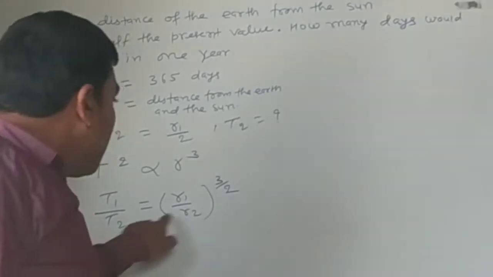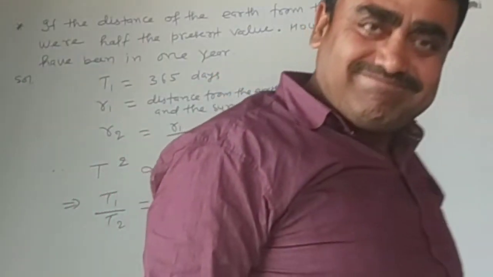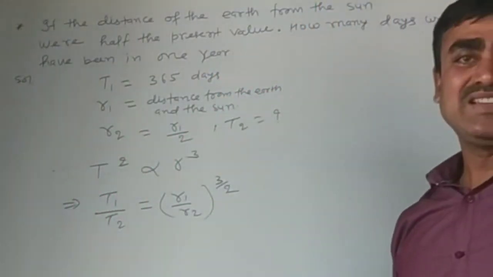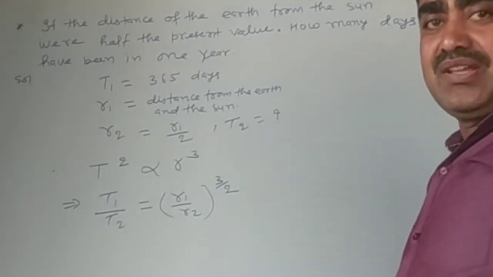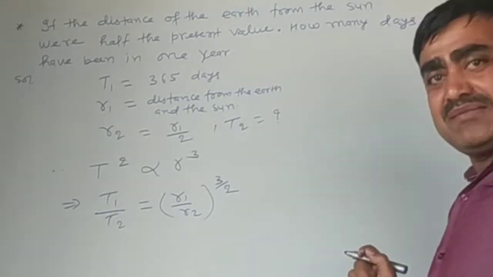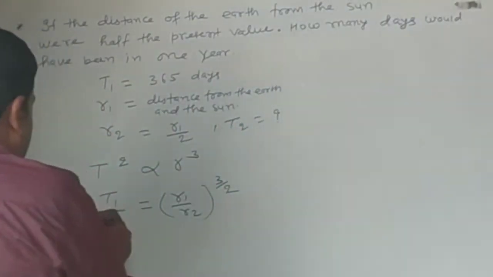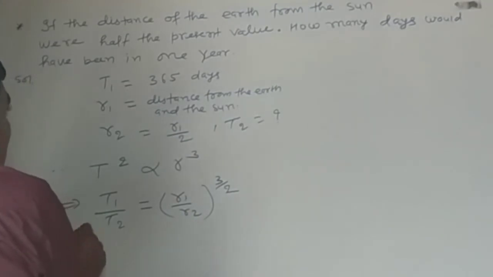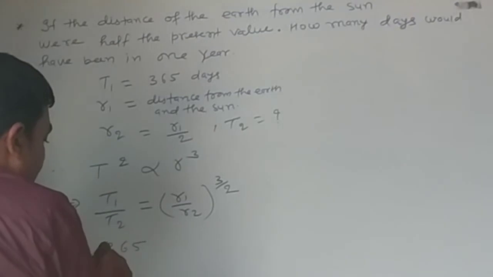All of you are familiar with it; in the previous question we explained it. According to the question, T1 is equal to 365.